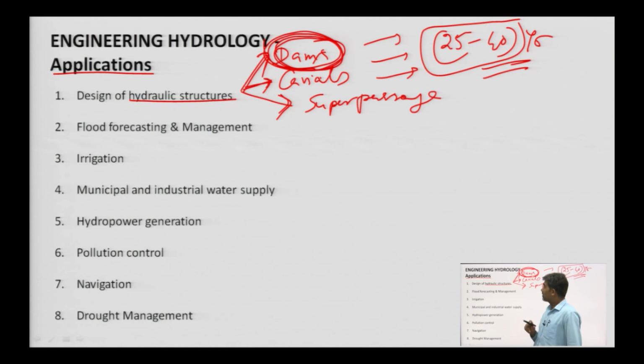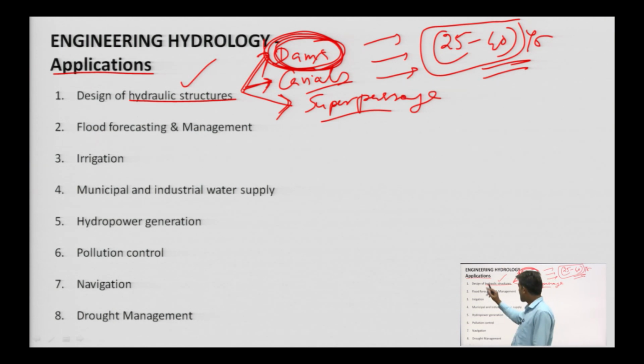So, engineering hydrology gives the idea to have such type of data, and that is used in hydraulic structures. A hydraulic structure cannot be designed without the clear knowledge of the availability of the water.